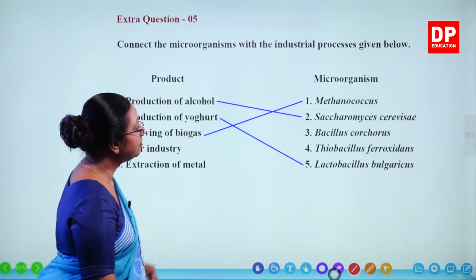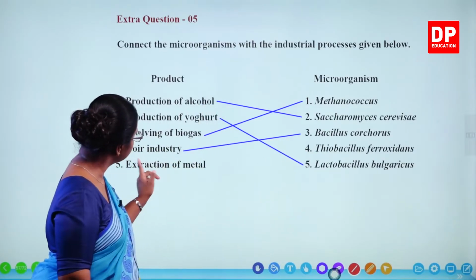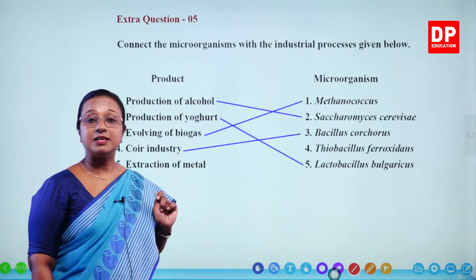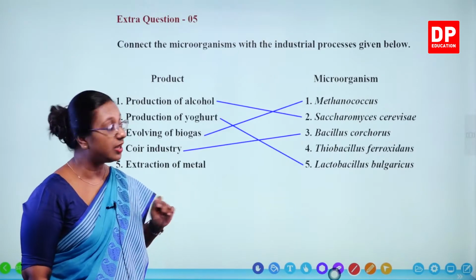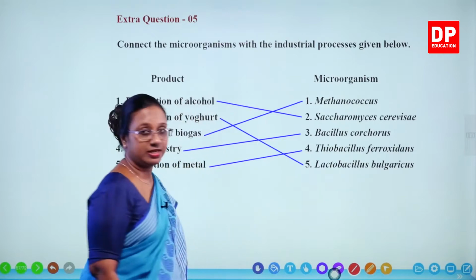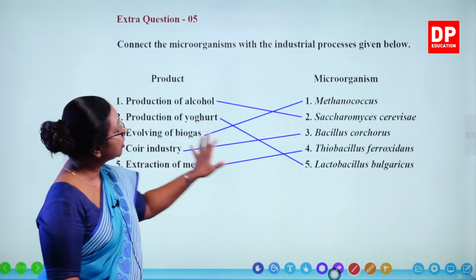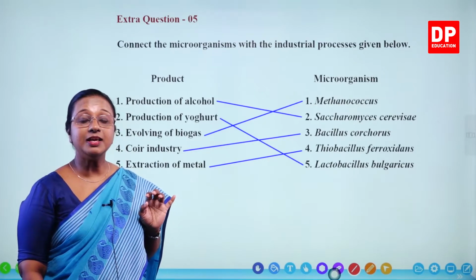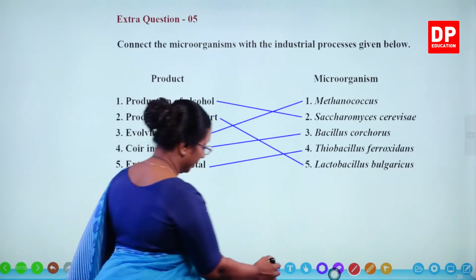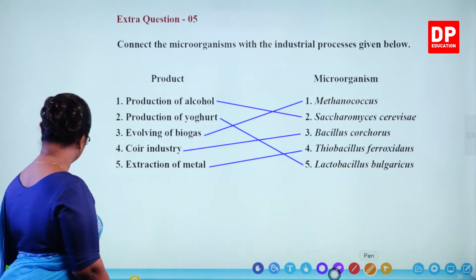Here it is given Bacillus coccurus. And finally, extraction of metals, that is from low grade ores, that is Thiobacillus ferroxidans. So those are the microorganisms. So were you able to connect them correctly? I am sure you were. So with that, I will move on to the next question.